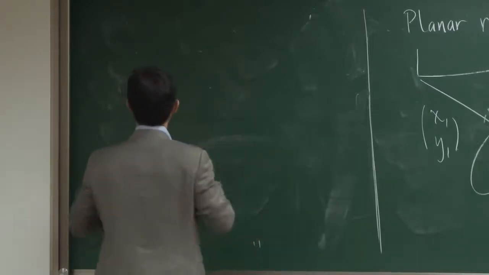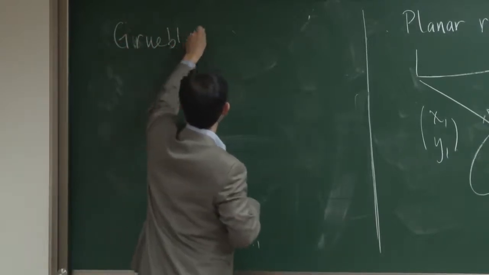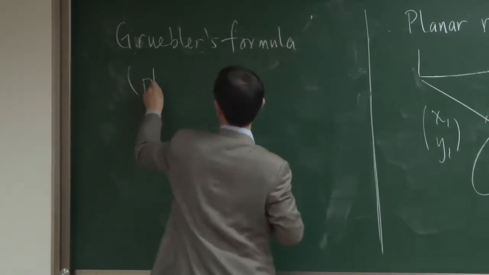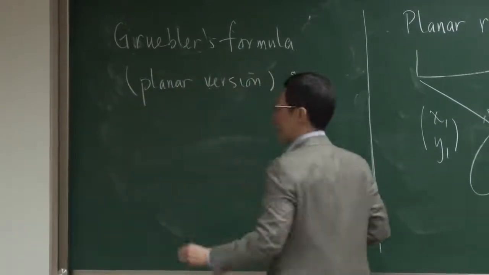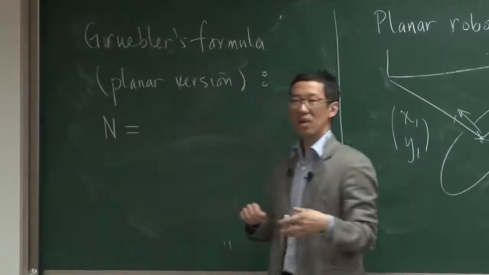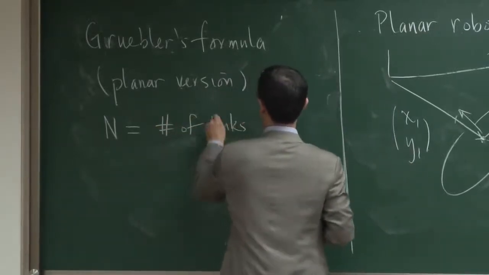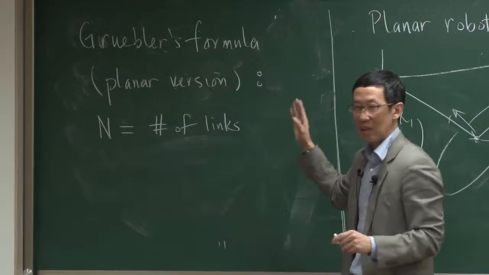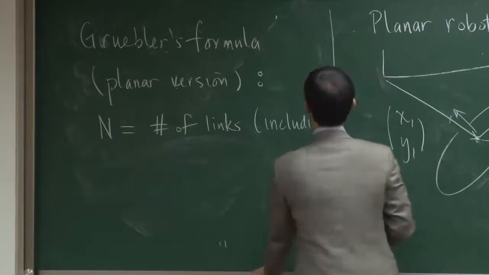All right, so I'm going to give you a formula, and it's called Grubler's formula. I want to remind you that this is the planar version. So here's the formula. n is the number of links, and it's also important to emphasize here that we're going to include ground.